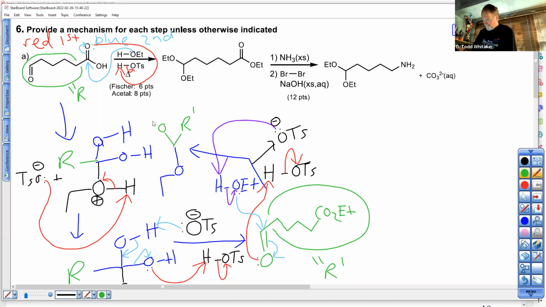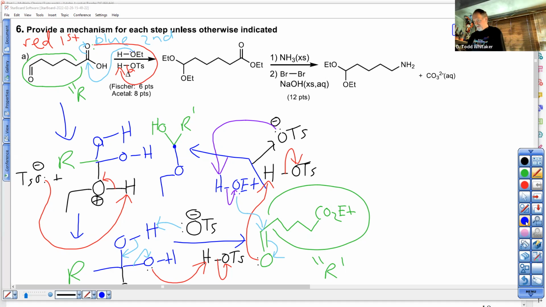Hey, that's a hemiacetal right there. This carbon right here is simultaneously an ether in the bottom direction and an alcohol up to the green. So hemi is halfway to acetal. We have to get rid of the green OH and have another OEt come in on the scene.